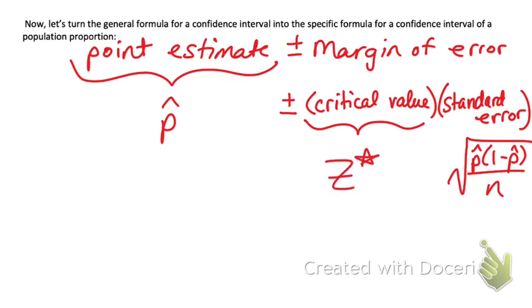What that is, is something called the z-star critical value.